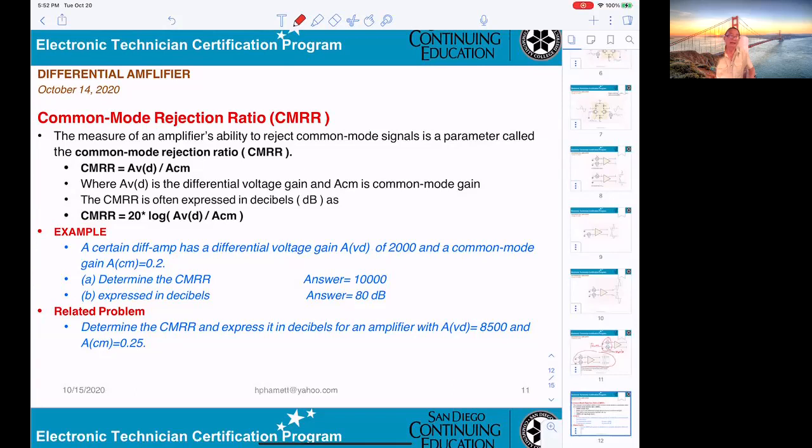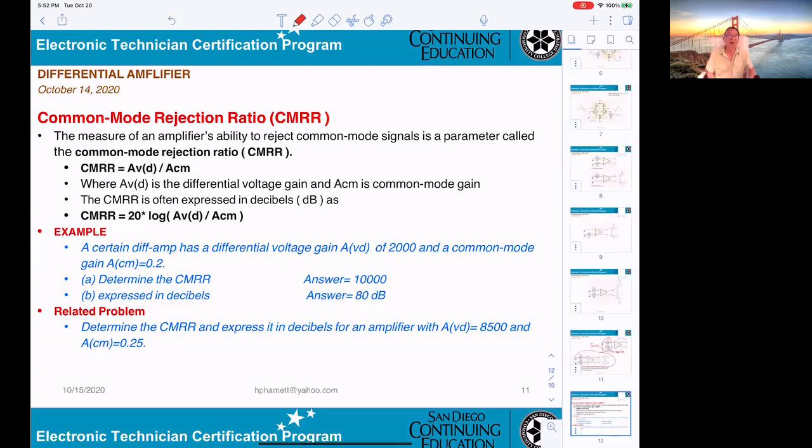A again means the voltage gain. What does CM stand for? Common mode. That means the noise.